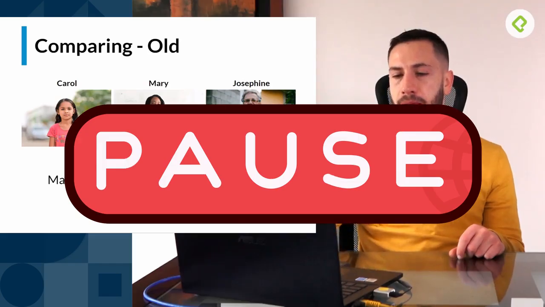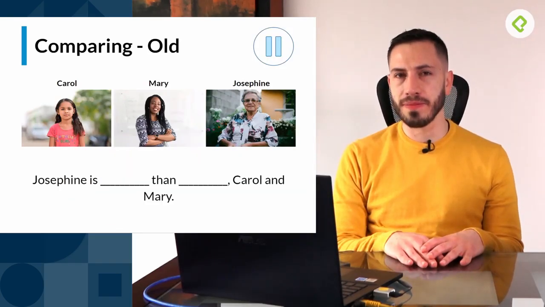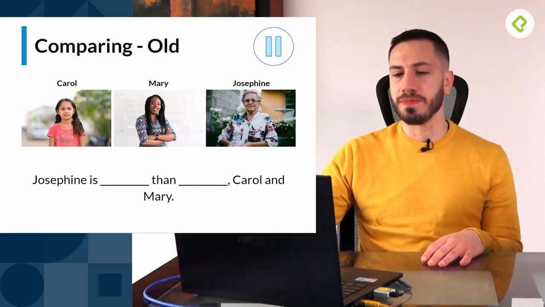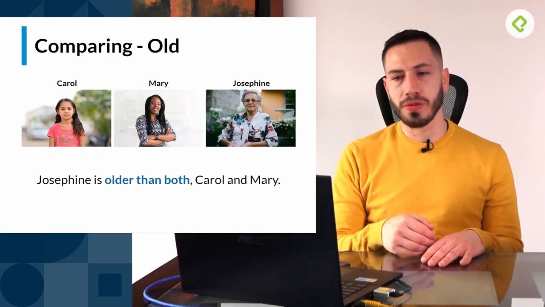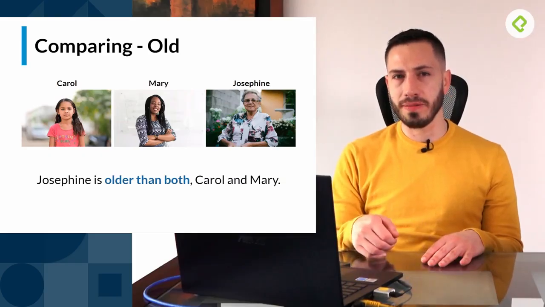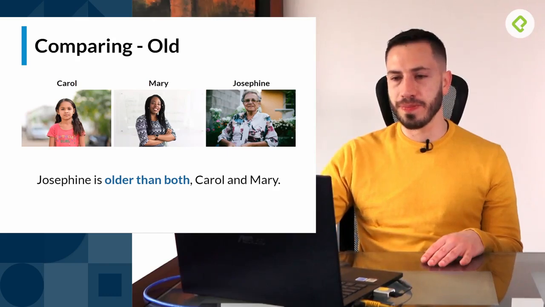Very good. If we want to start this phrase with Josephine, how would it be? Let me show you. Josephine is older than both Carol and Mary. Do you get the idea? Well done.